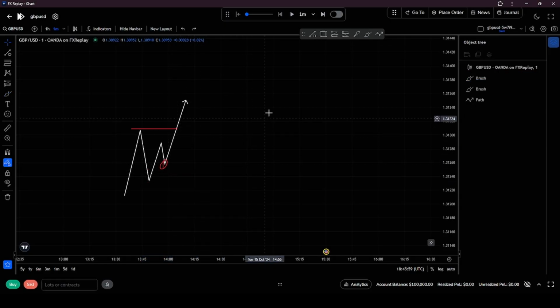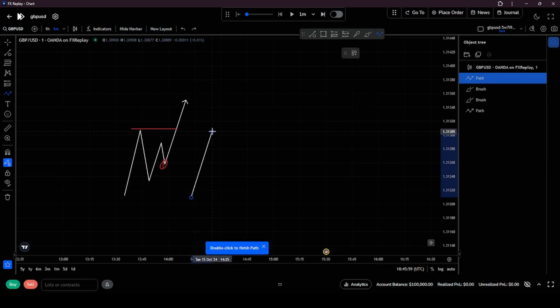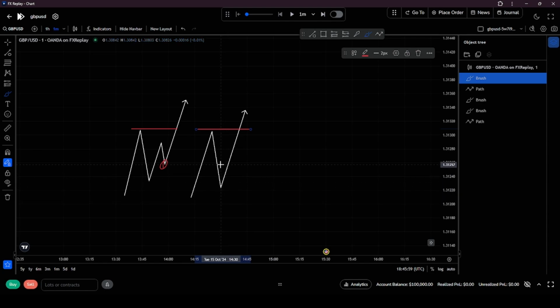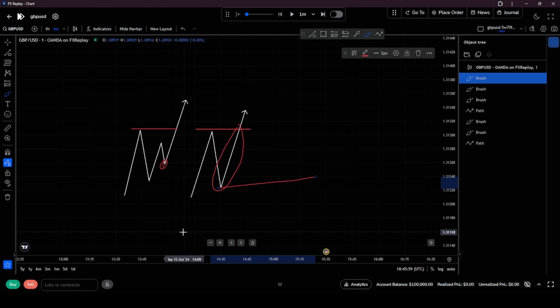So in case price did something like this, we had a break of structure here, but we didn't have any pullback in this price leg. Therefore, this external will be classified as a major inducement rather than a break of structure.